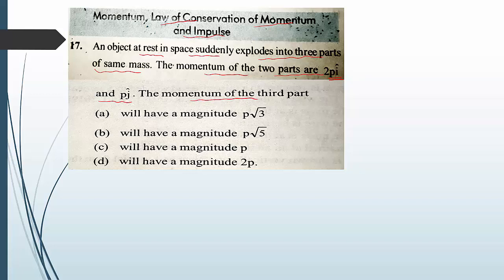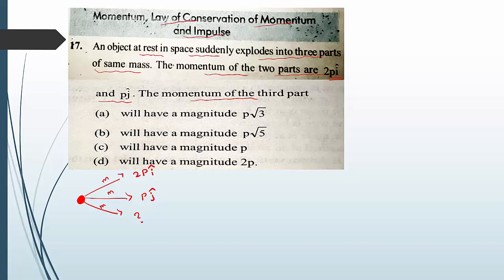So here they have given an object at rest in space, and it is exploded into 3 parts, all having the same mass m, m and m. The linear momentum of the first 2 parts is given. The first one has 2p i cap, the second one has p j cap. We have to find the momentum of the third part.